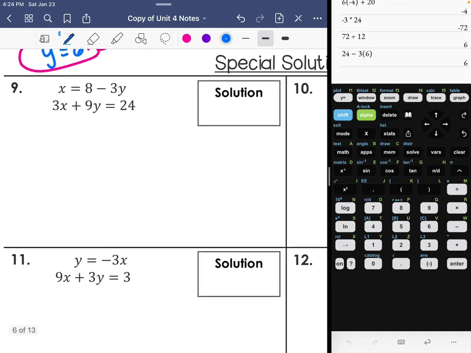Now, let's look at some of these special solution ones. You are going to do the same thing, but the reason that we need to practice these is so that you know what to do when you get a strange answer. So just like before, we're going to substitute in 8 minus 3y for x because it tells us x equals all that stuff. So I substitute that in with parentheses, distribute.